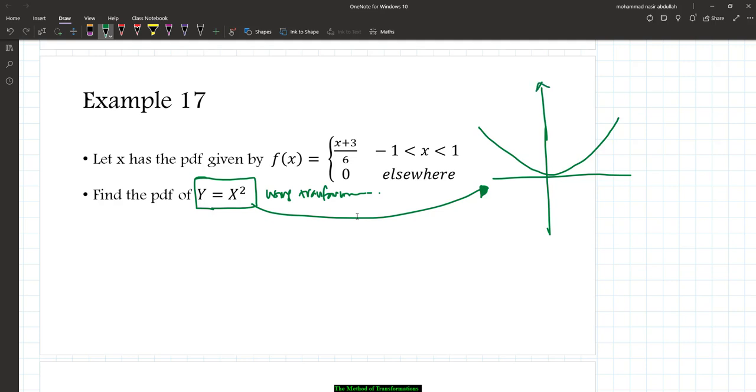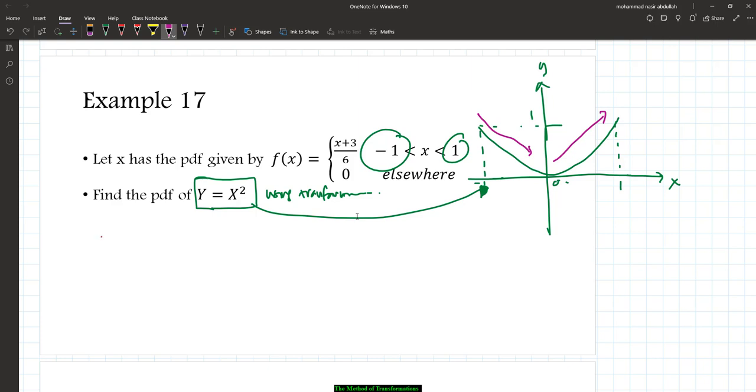So this is y and this is x. Let's say the range is from -1 to 1. This is -1, this is 1, and this is of course equal to 1. This is 0. So there can be two directions: on the left hand side it is a decreasing function, and on the right hand side it is an increasing function.